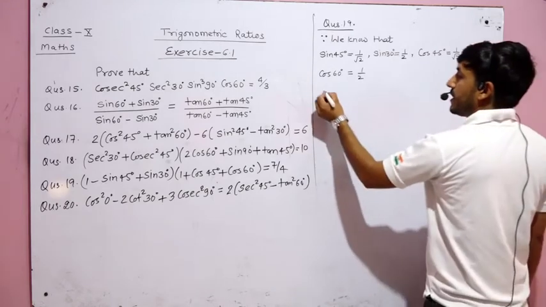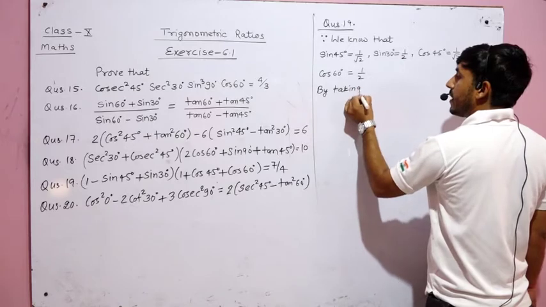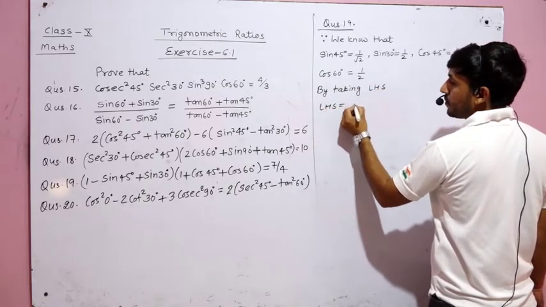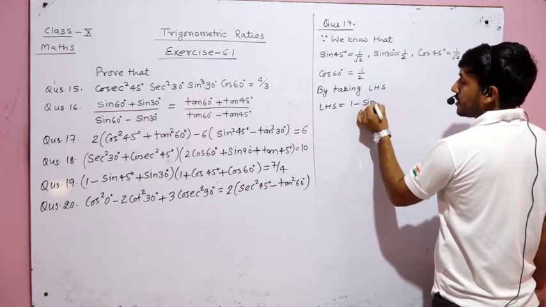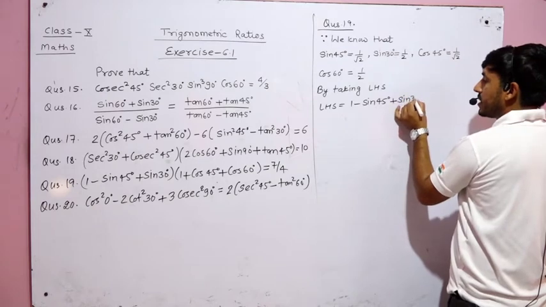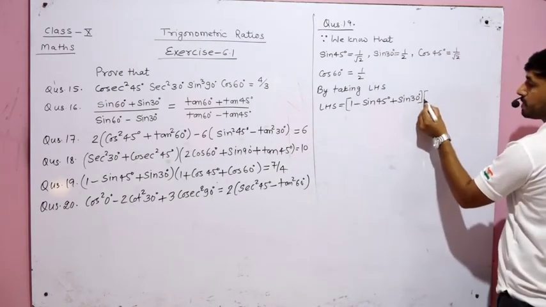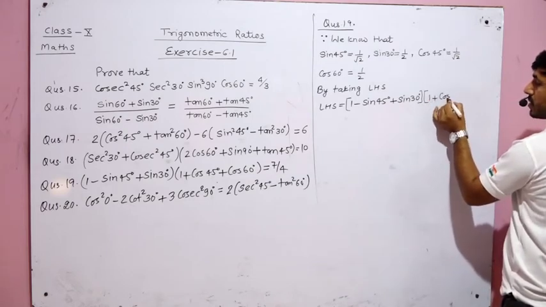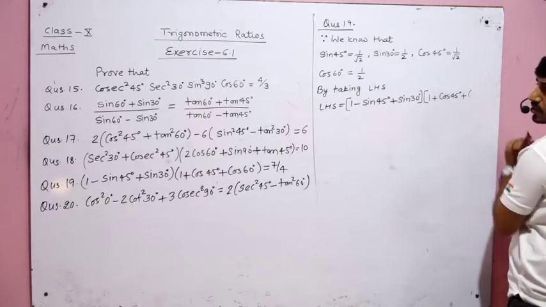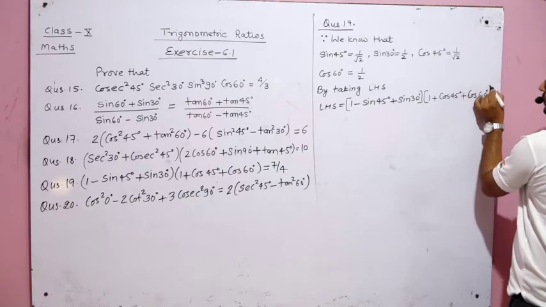Okay, then taking LHS, LHS is equal to 1 minus sine 45 degree plus sine 30 degree, multiplied by 1 plus cos 45 degree plus cos 60 degree.